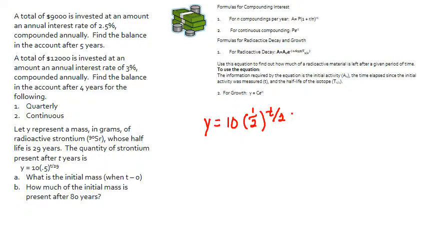And the exponent is time over 29, so time over the 29 years here. The first thing is to figure it as it is when t is 0. So that's just going to be the 10 times the 0.5 to the power of 0, which means that's of course going to equal 1, so the whole thing's going to equal 10. And then we do it to find what it would be after 80 years.